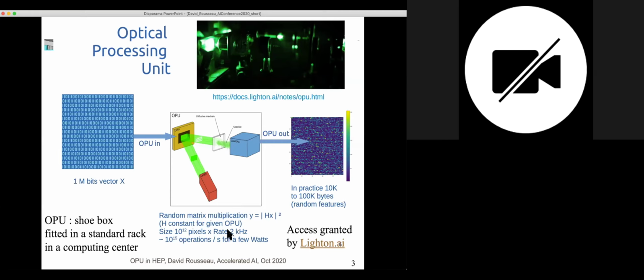A few additional features: any proximity or neighboring information is completely lost. So two neighboring bits in the input are not more correlated in the output than distant bits. What we get are called random features. They're all equivalent. Depending on what we want to do, we can take 10,000 of them, 100,000, up to 1 million, in fact.